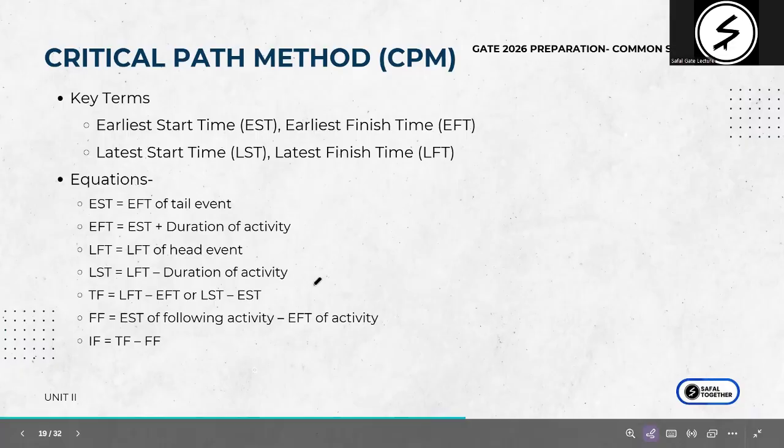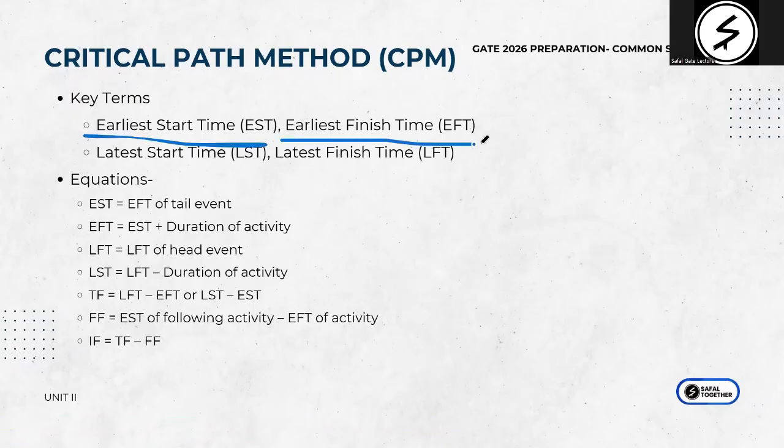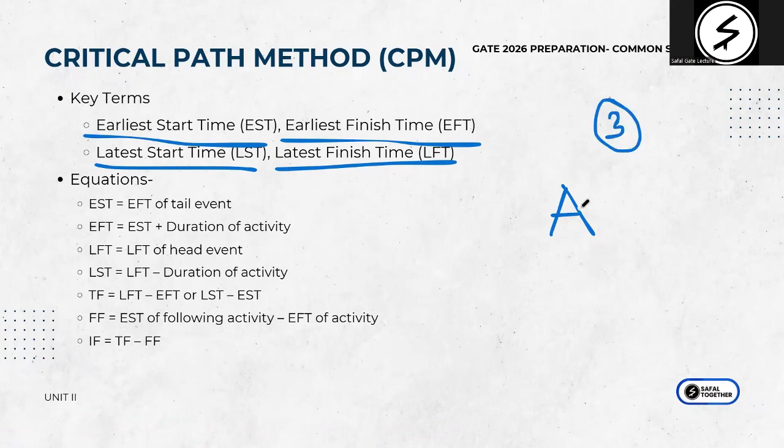Some more key terms that I need you to know are earliest start time, earliest finish time, latest start time, and latest finish time. So let's say you have an activity that needs 3 days, as we know. Studying a unit is your activity in this case.